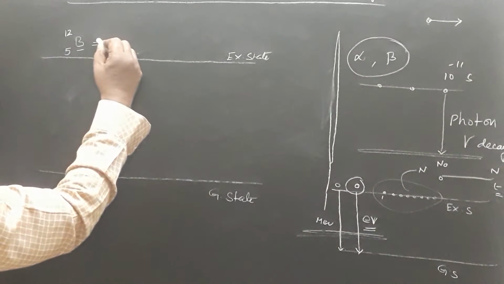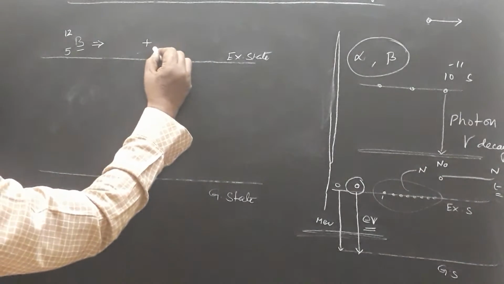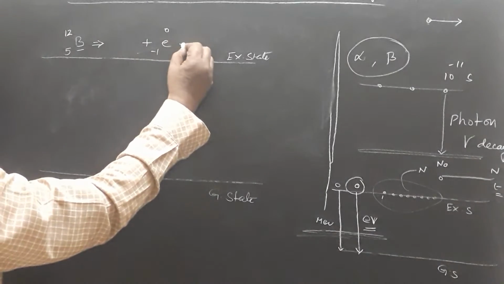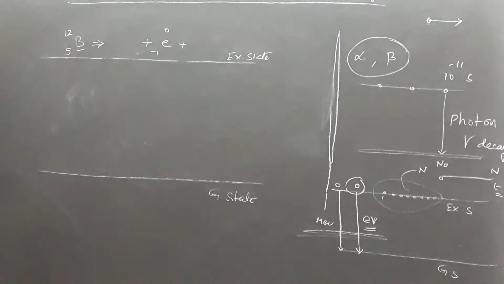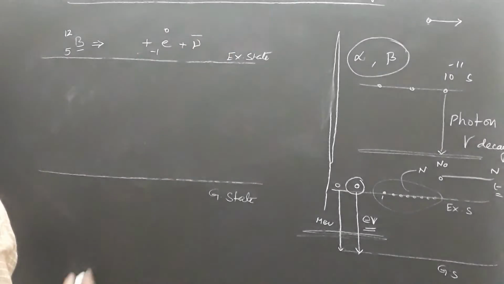It will emit one electron plus gamma radiation or anti-neutrino, which we already wrote.